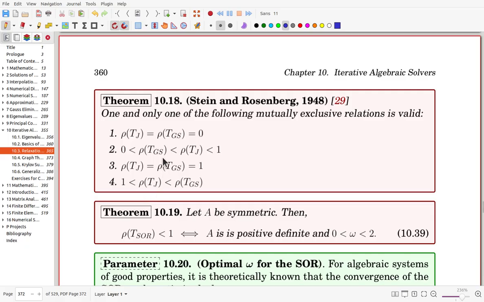Once it is convergent, then Gauss-Seidel converges faster. Once they diverge, then Gauss-Seidel diverges faster.